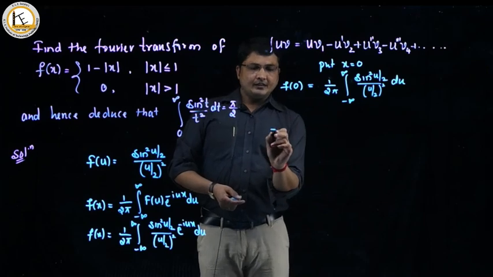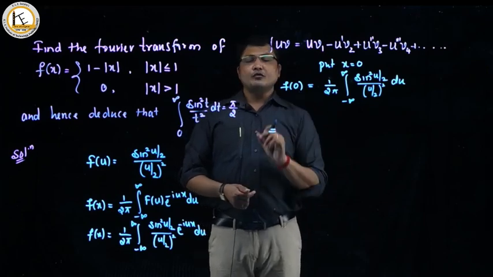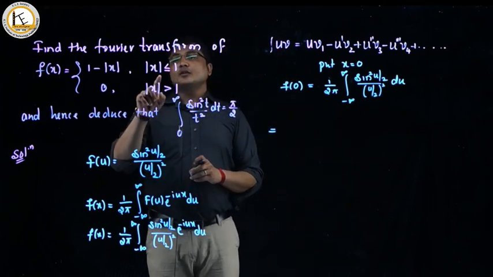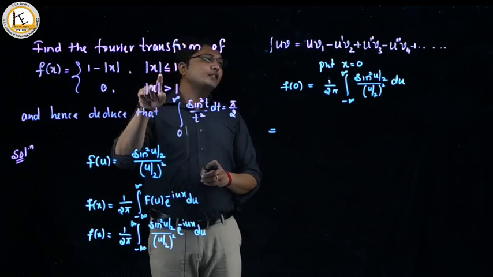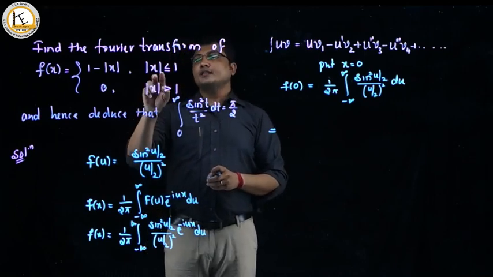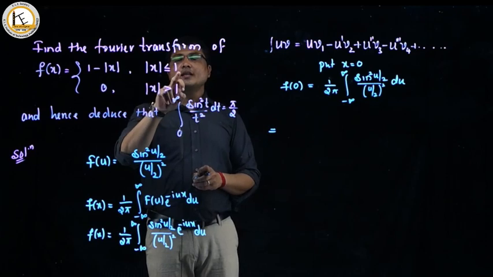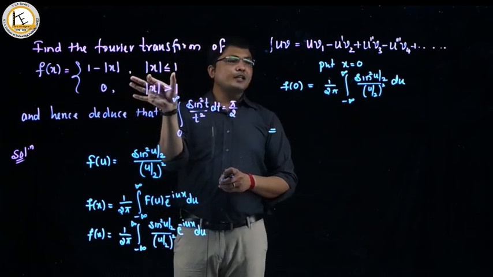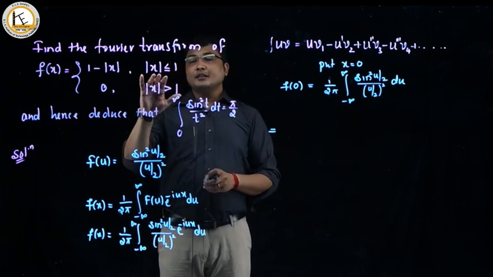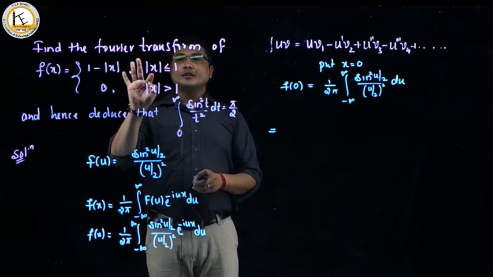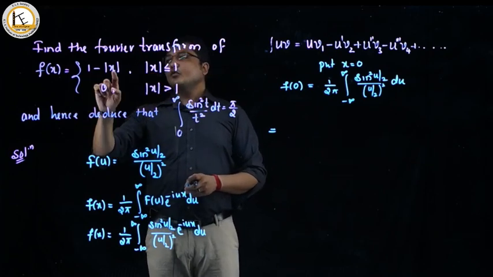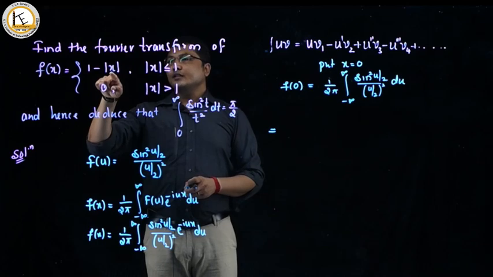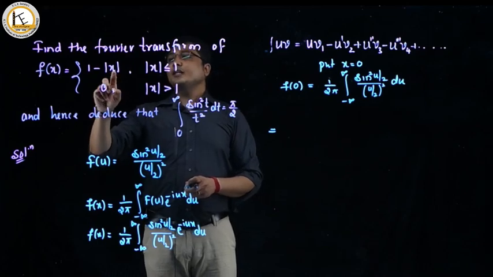Simplifying further, since we need the value of f of 0, and since mod x less than or equal to 1 implies that x lies between minus 1 and plus 1, therefore x equal to 0 lies in this range. Therefore we put x equal to 0 in this function, so 1 minus 0 will be 1 here.